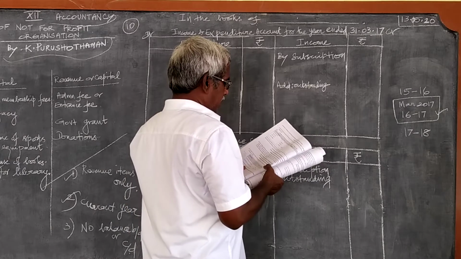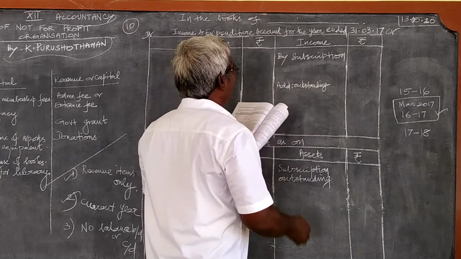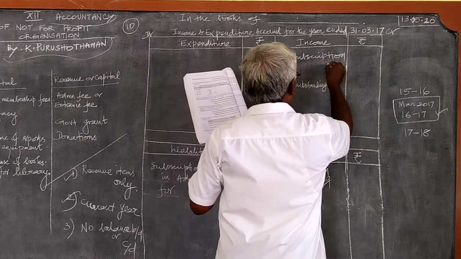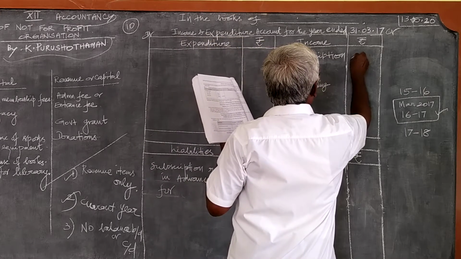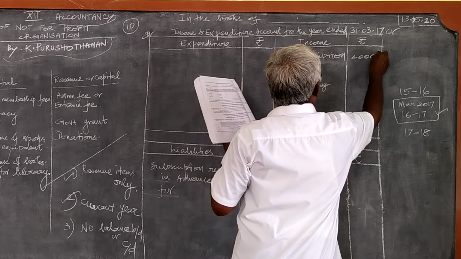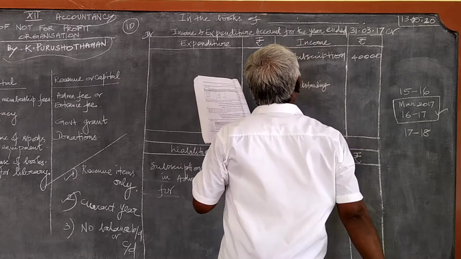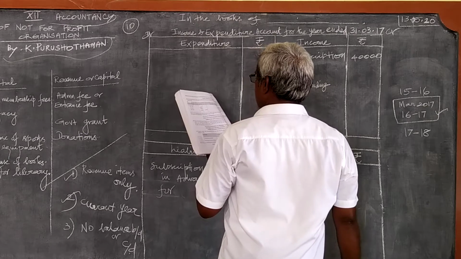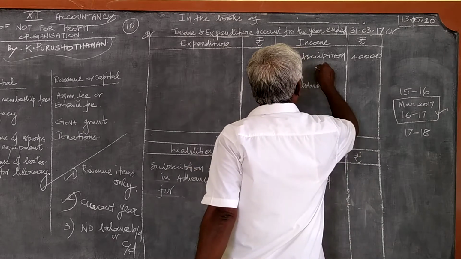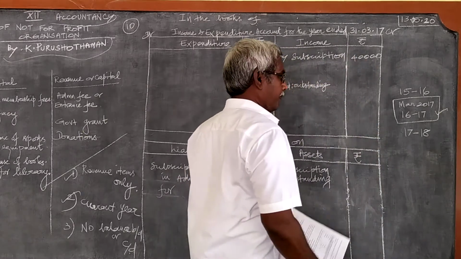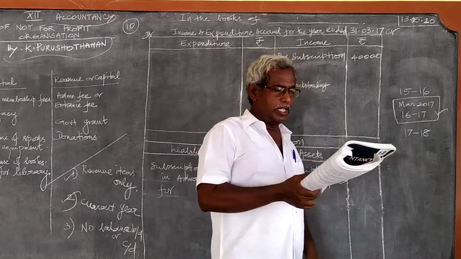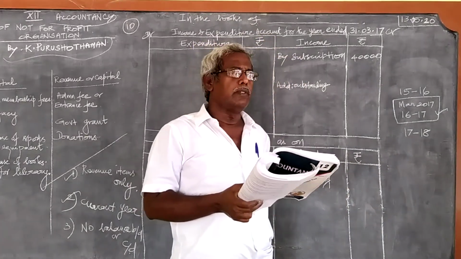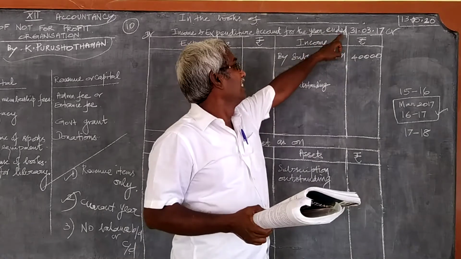What is the amount of subscription received during the year? 40,000. It is received in the year 16-17. But this 40,000 is not fully for this year.